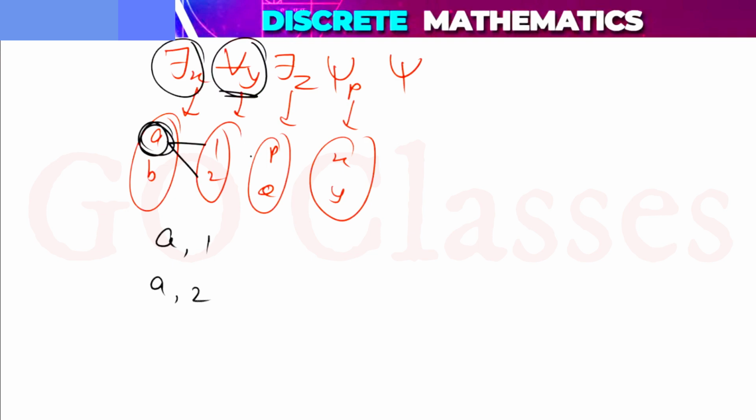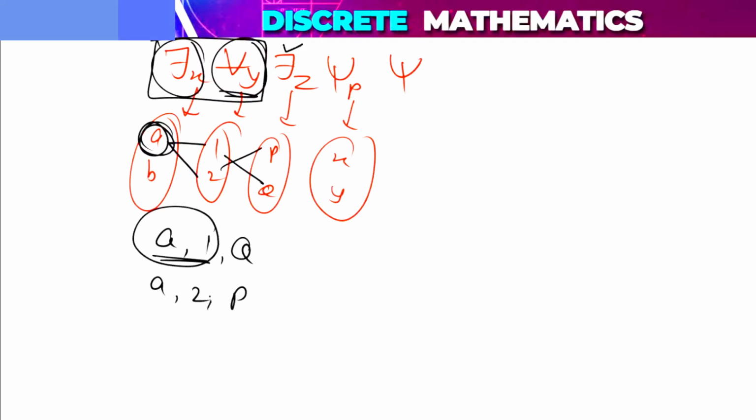Now this pair is there. For this someone, maybe for A comma 1 you can have Q, maybe for A comma 2 you have P. Are you getting this point? Basically for this someone, similarly for this someone.